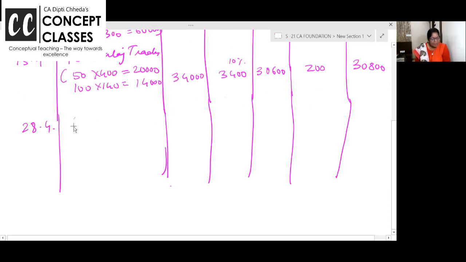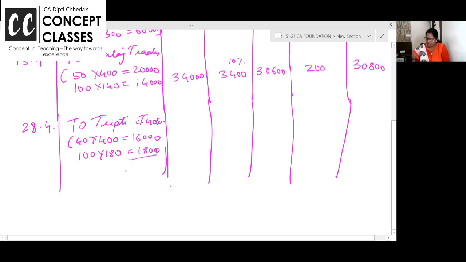20th of April, to Dipti Industries. 40 into 400. 100 into 180.